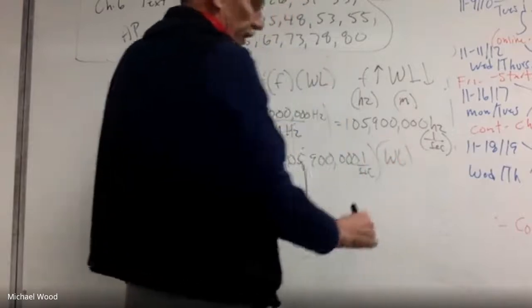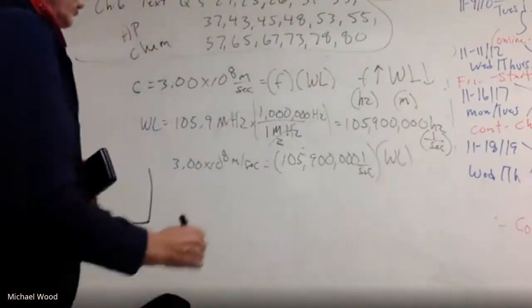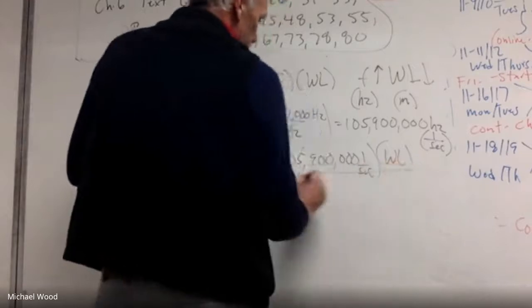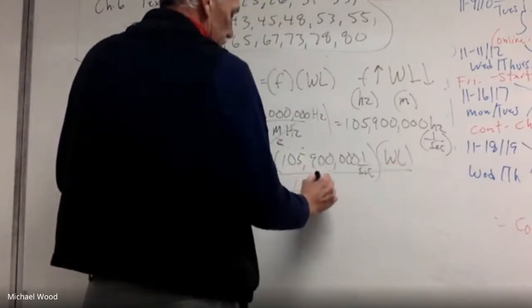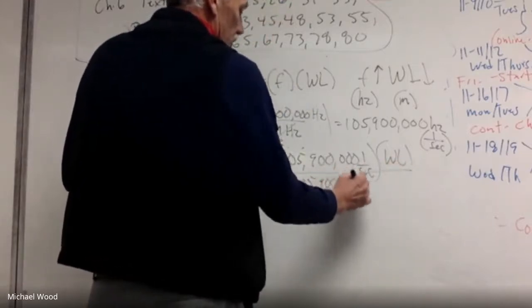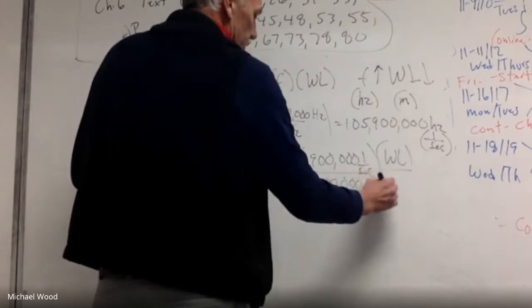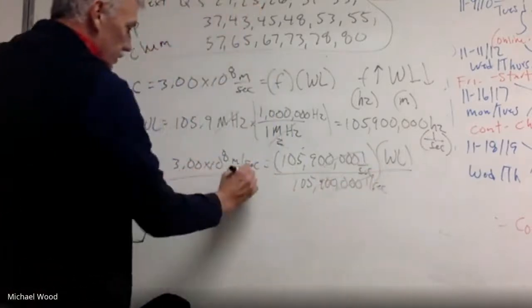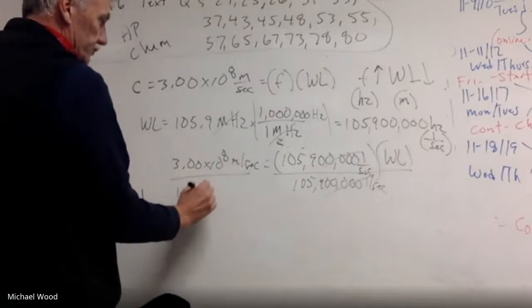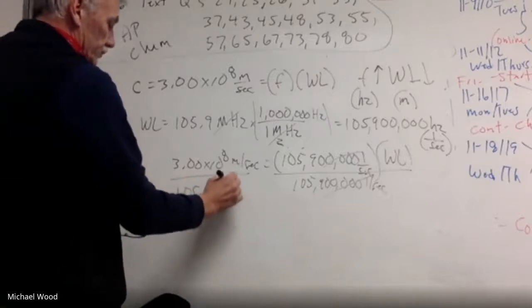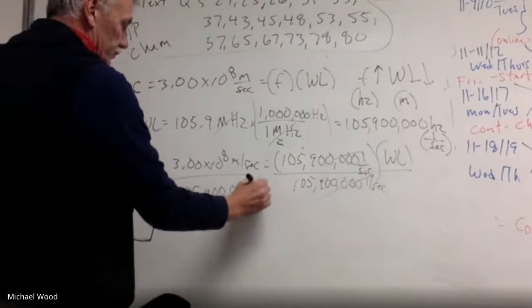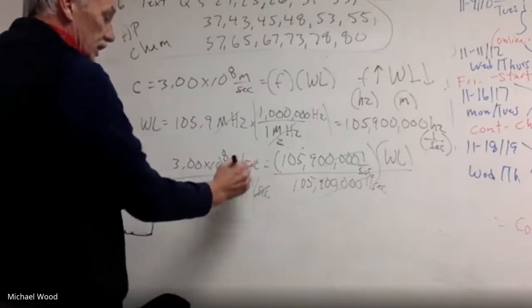The wavelength is x. Okay, so if I solve for the wavelength, just like you guys know, I want to isolate my unknown on one side of the equation. So if I do that, seconds cancel out.